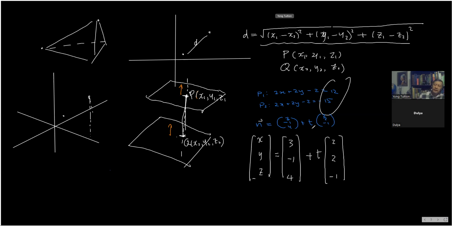How can we figure out this? We got everything we need. We got the straight line function, which can connect the two planes. And presumably one xyz satisfies the first equation, another xyz satisfies the second equation. The question is, how can we find the distance between these two?